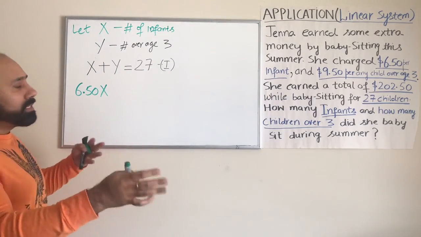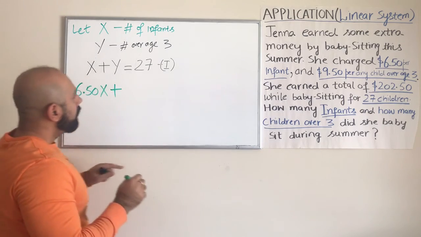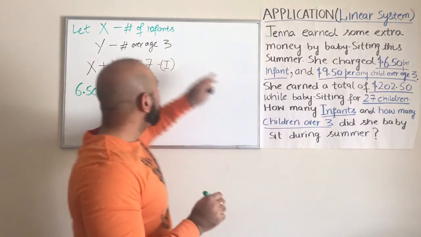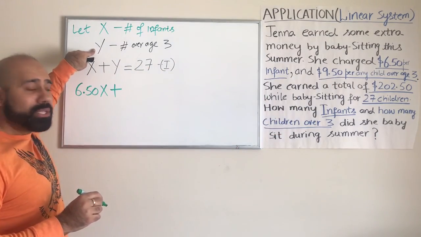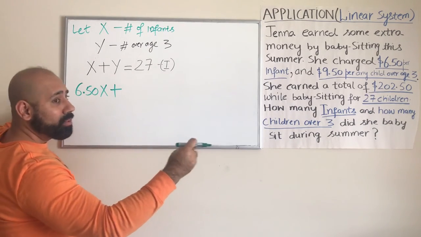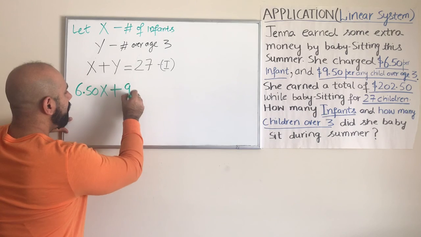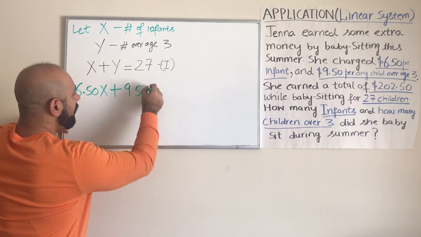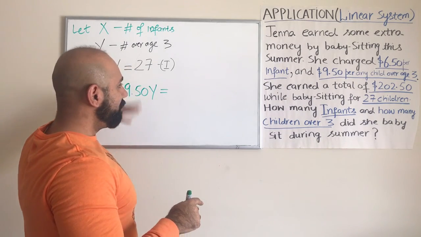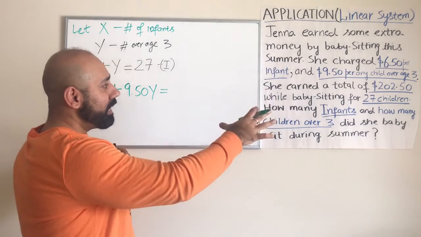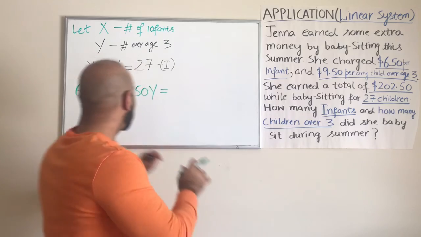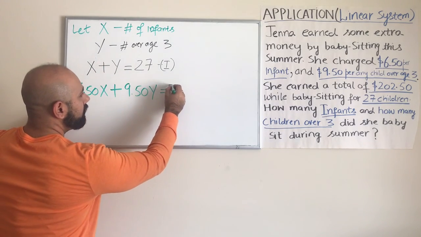Then plus, for one child over the age of 3 she's making $9.50, but we have Y children over the age of 3, so the total amount she makes for them is 9.50 times Y. We also know that the total amount she makes by babysitting both infants and children over 3 is 202.50. So the sum of these two is going to be 202.50.